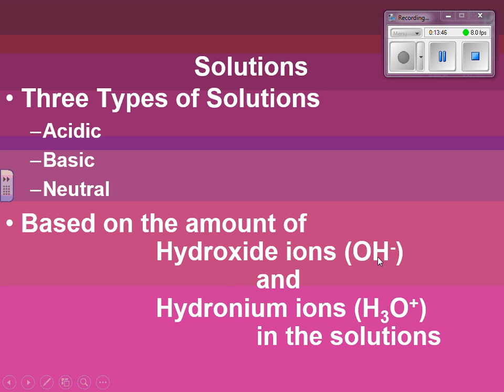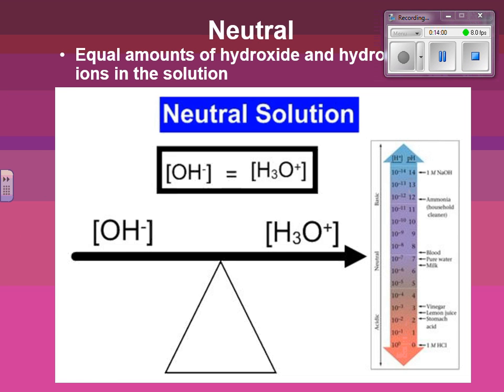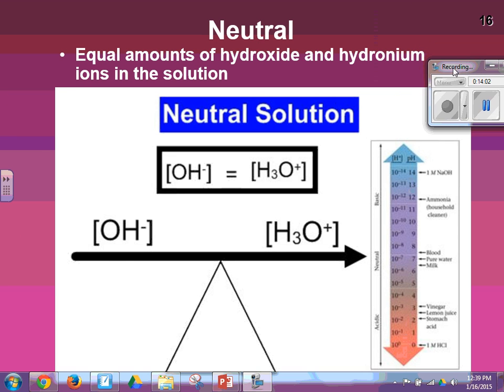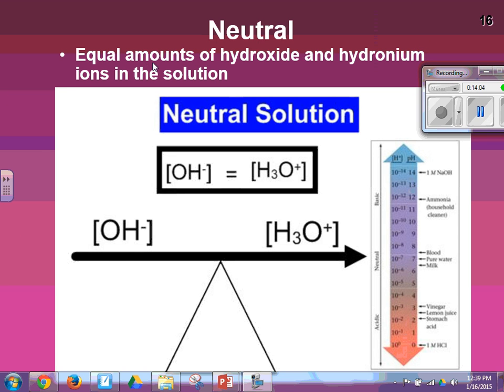Hydroxides are OH, hydronium ions are H3O. So you measure the amount of each of those things in the particular reaction, and that should tell you what type of solution you have. In this case, if we wanted to have a neutral solution, I'll give you a little better view there, equal amounts of hydroxide and hydronium ions are in the solution.